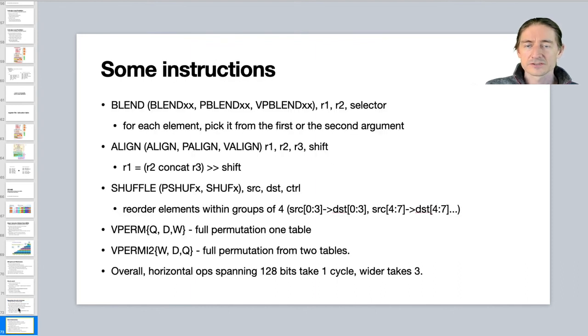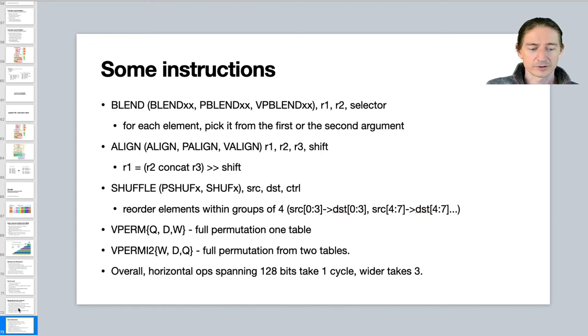Some handy instructions you might want to look at, or rough names, when you're using Intel's vector reference. Blend is for mixing values from two different registers. It's also called mask move in the newer instruction sets.